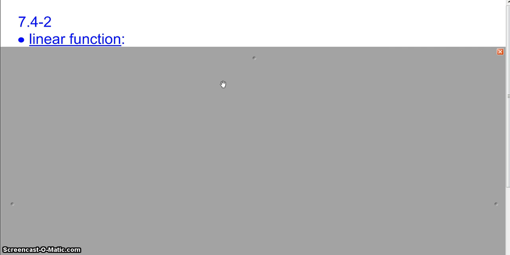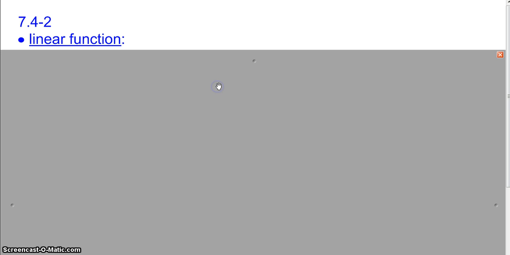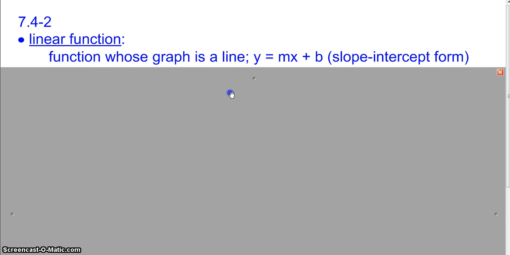A line, okay? So do you remember our favorite form? That model of a line? Y equals, can you say it? Y equals mx plus b. Good job. That was slope-intercept. We'll keep coming back to that again and again.